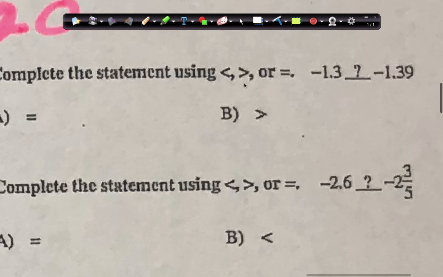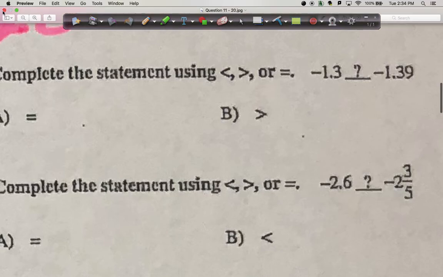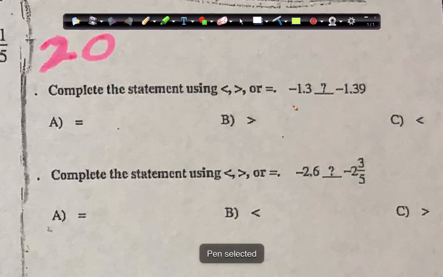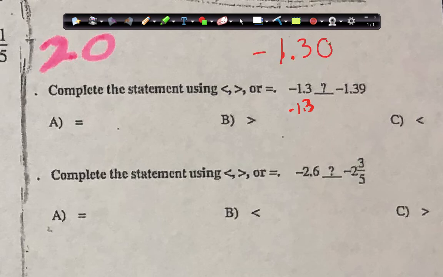And the last problem, let's zoom out just a little bit. Negative 1.3 is the same as negative 1.30.